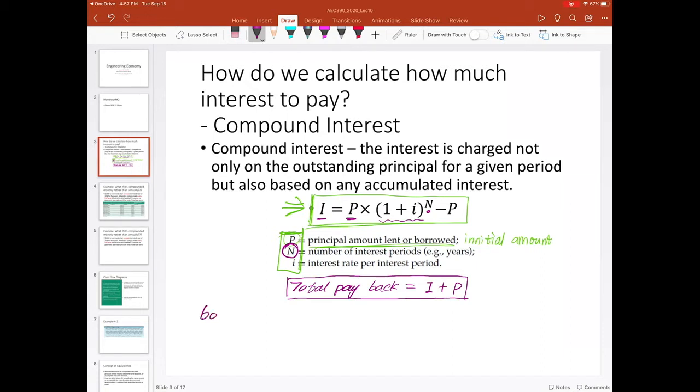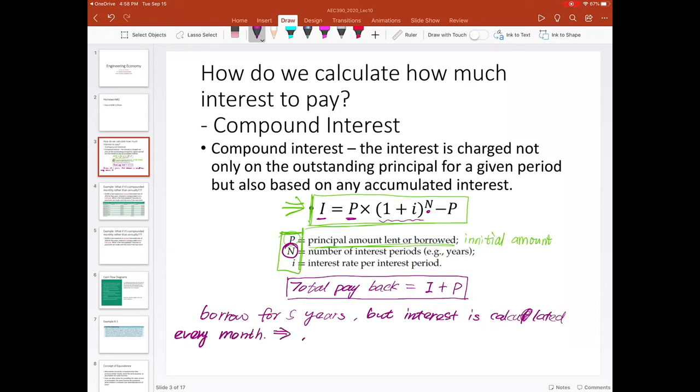So you borrow for 5 years, but interest is calculated every month. Well, that's a different story.